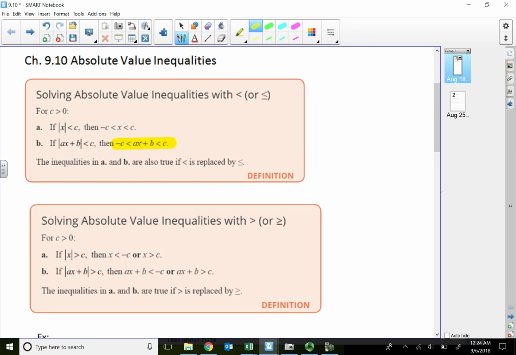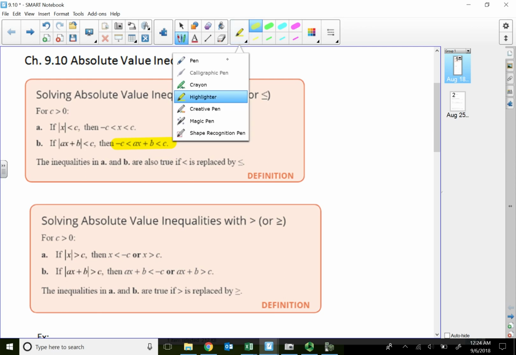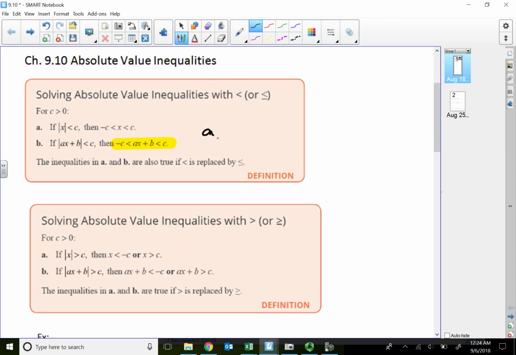Back in module 9.7, I believe, this is basically a compound inequality. So if you read from the variable, what it's saying is that ax plus b, whatever is inside the absolute value, has to be greater than negative c, and ax plus b also has to be less than positive c.